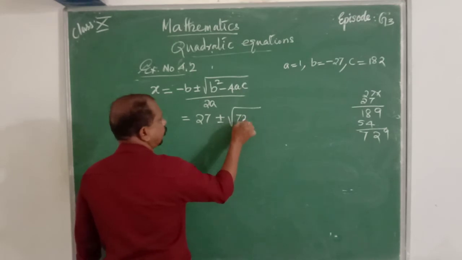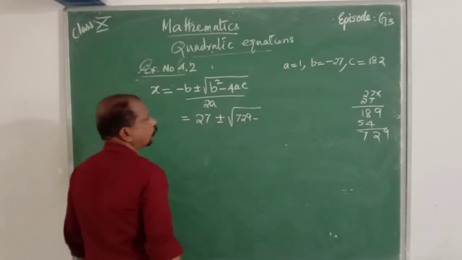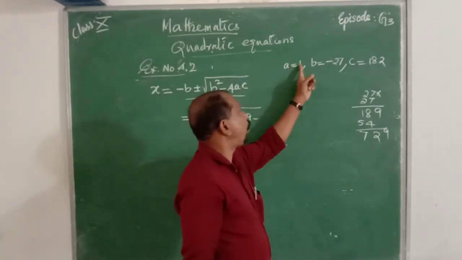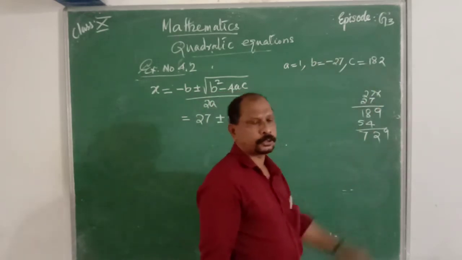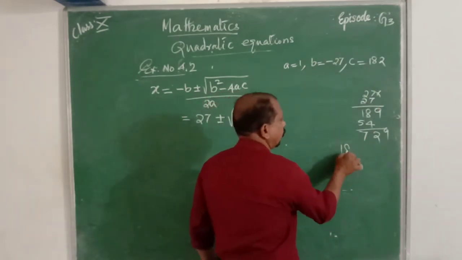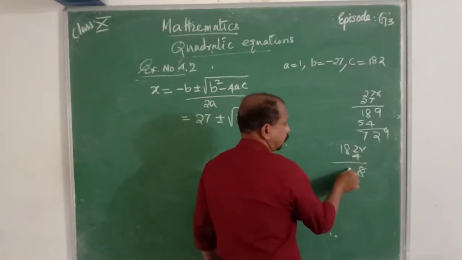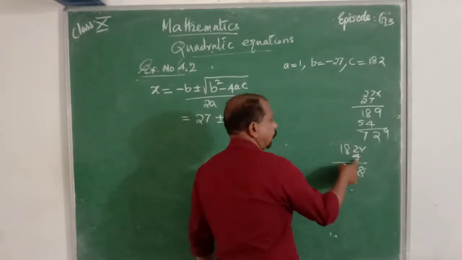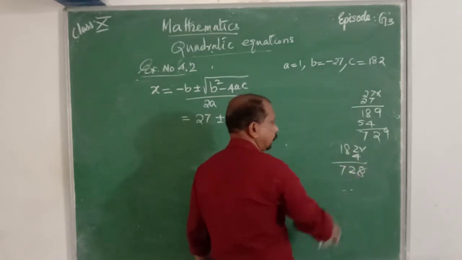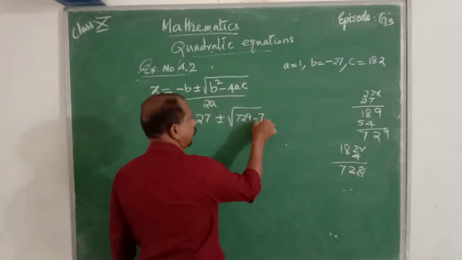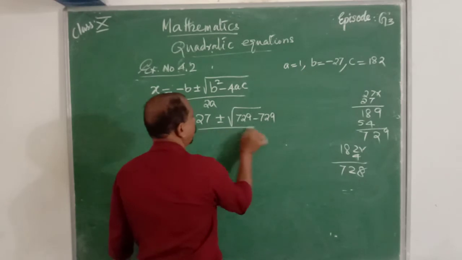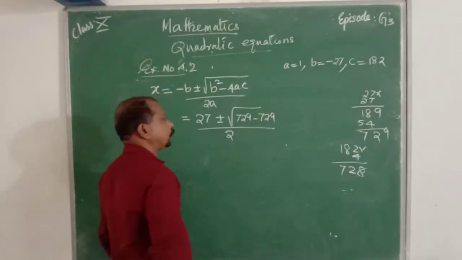That is 729 minus 4 into 1 into 182. That is 182 into 4. 4 2s are 8. 8 4s are 32. Then 1 4 is 4, 4 plus 3 is 7. 728. Divided by 2a, 2 into 1 is 2.